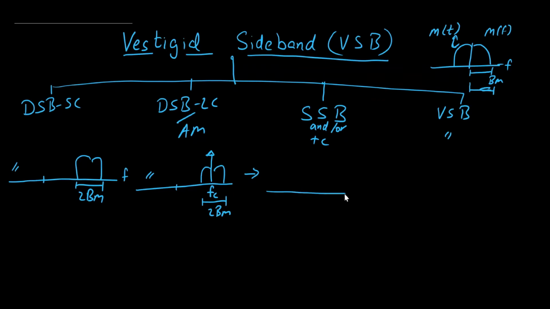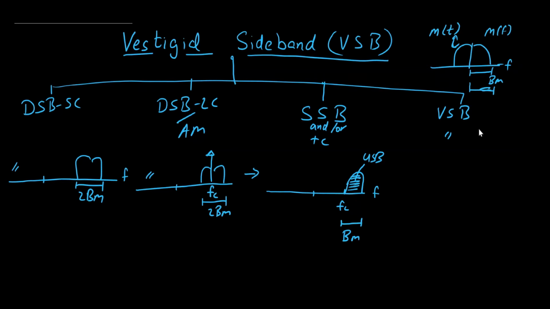In SSB, we are sending either the upper sideband or the lower sideband. If this is our carrier, we may be sending just the upper sideband, so in SSB we have a bandwidth of B_m.